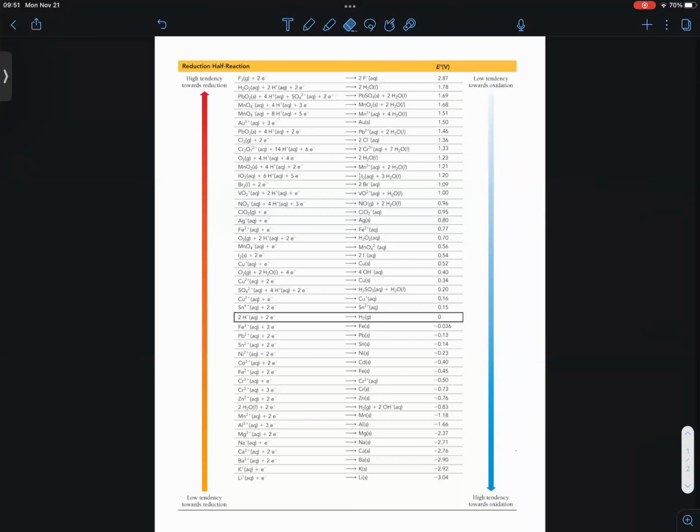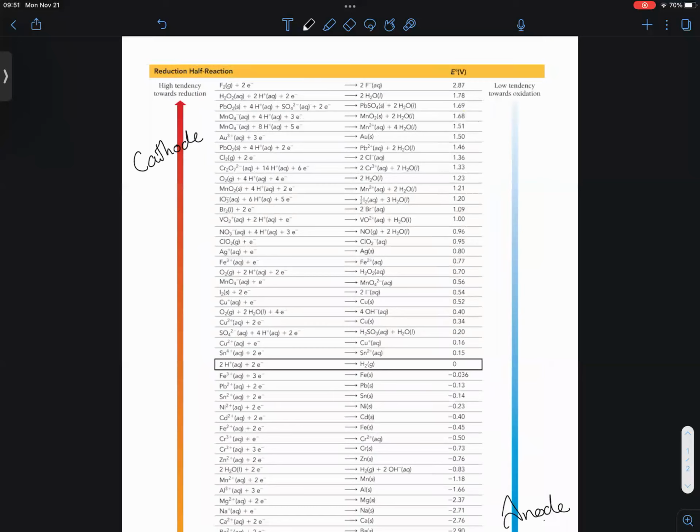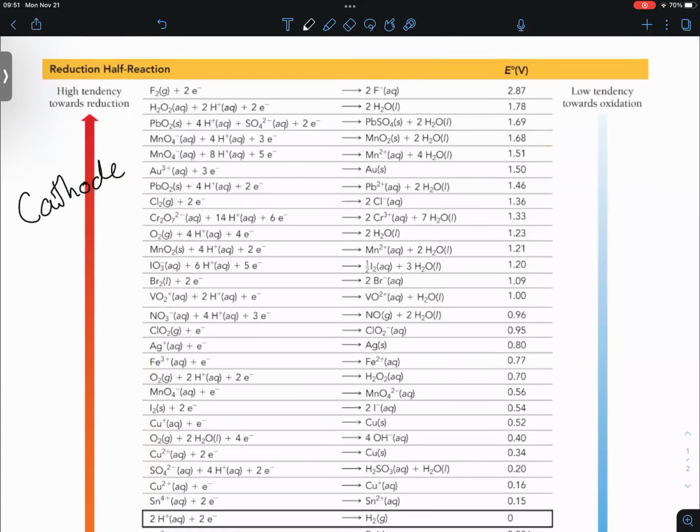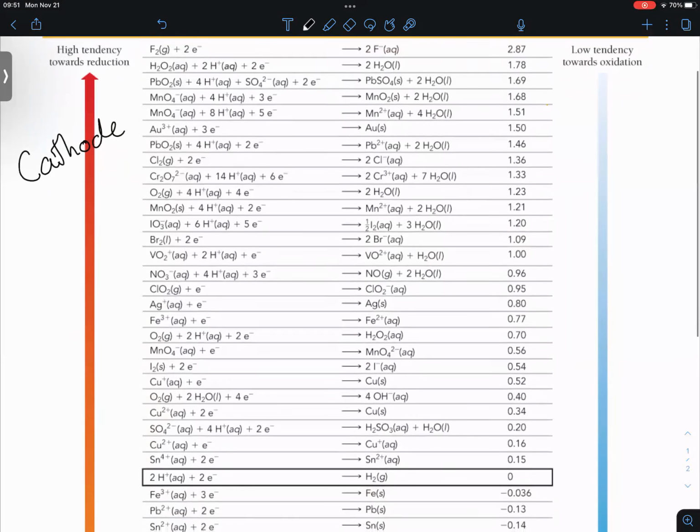And again, we said looking at this table here, remember that the reactions that are most favorable at the cathode are going to be listed at the top, and the anode reactions towards the bottom. Okay, so that just gives you a hint as to where you're going to start to look on your page, right? Kind of skim from the top down if I'm looking for my cathode reaction.